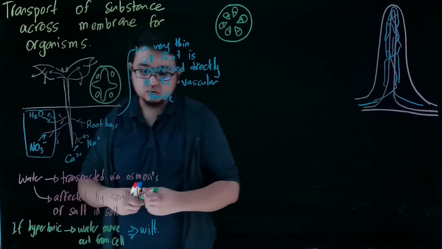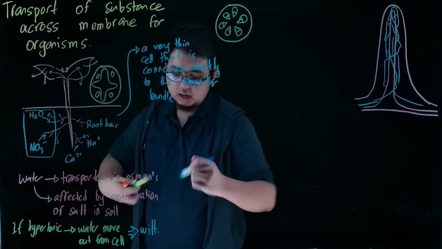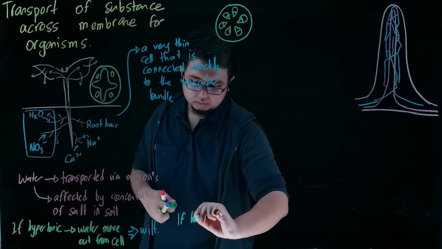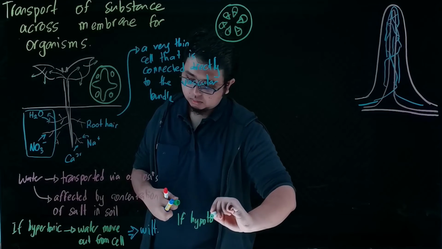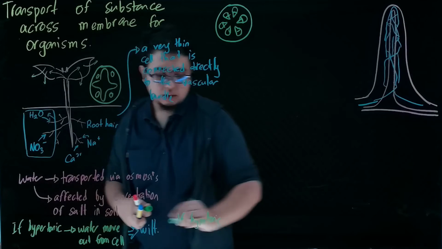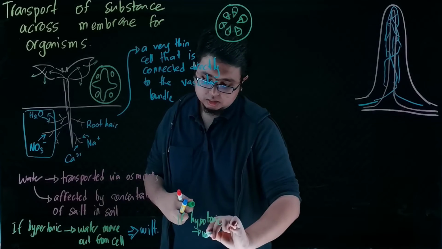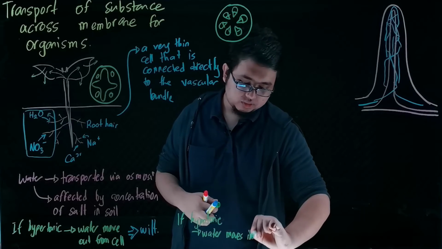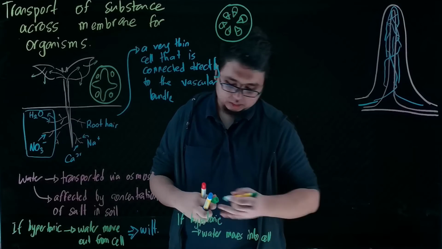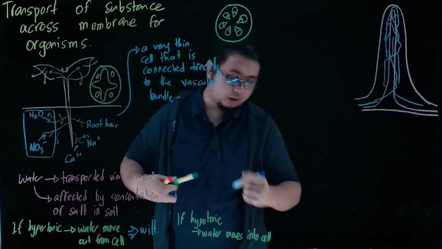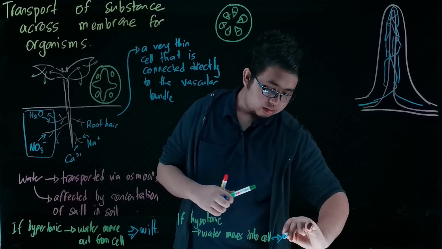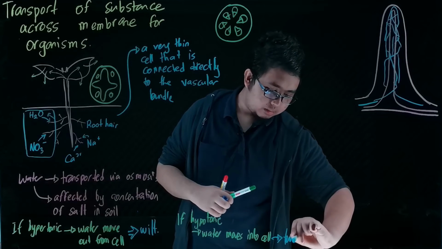That's why, when the condition of the soil is hypotonic, water moves into the cell. So what do we observe in our plant? We see that our plant becomes turgid.